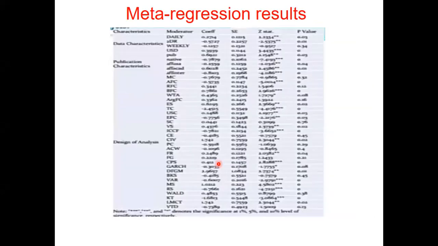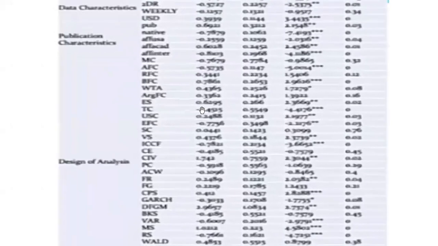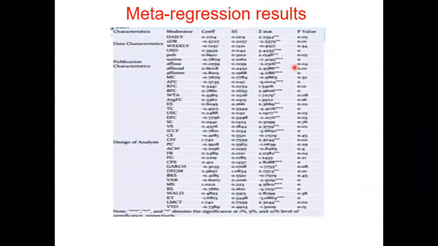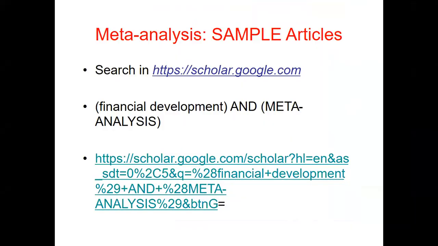So this is an example. I don't know if you can see this. This is simply an example of a meta regression. I don't think it's seen here, but with a lot of study characteristics being included, okay? But I'll show some specific articles so that you can see.